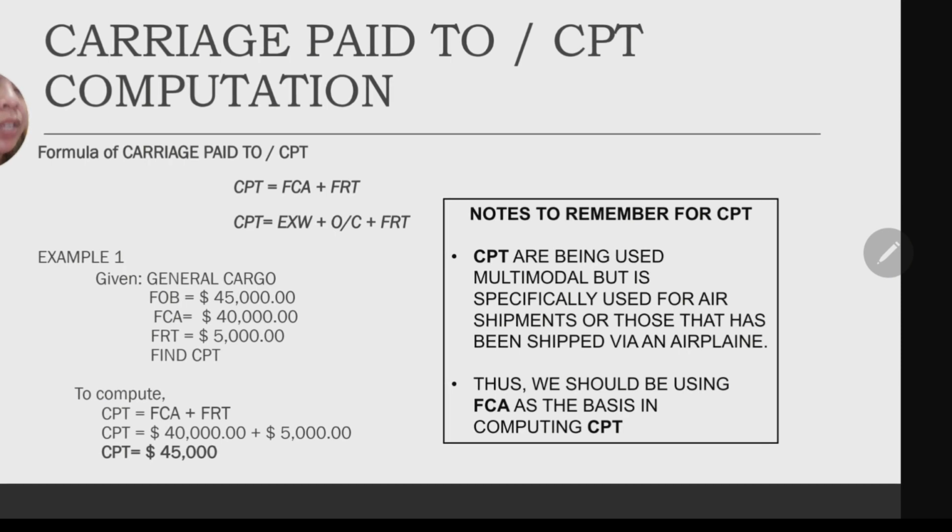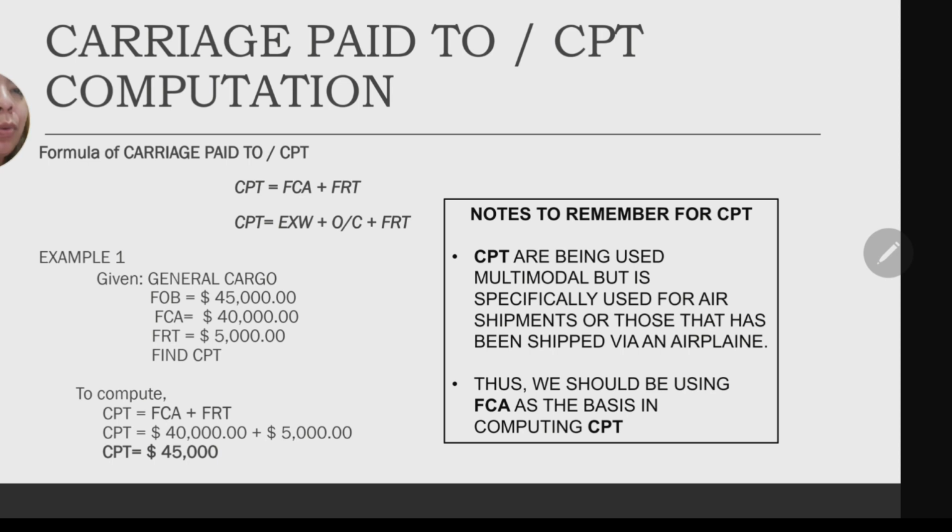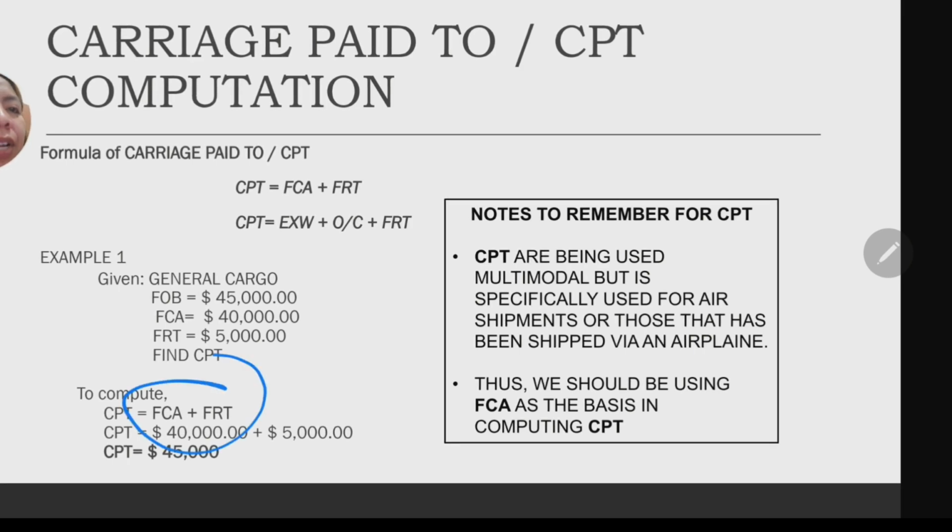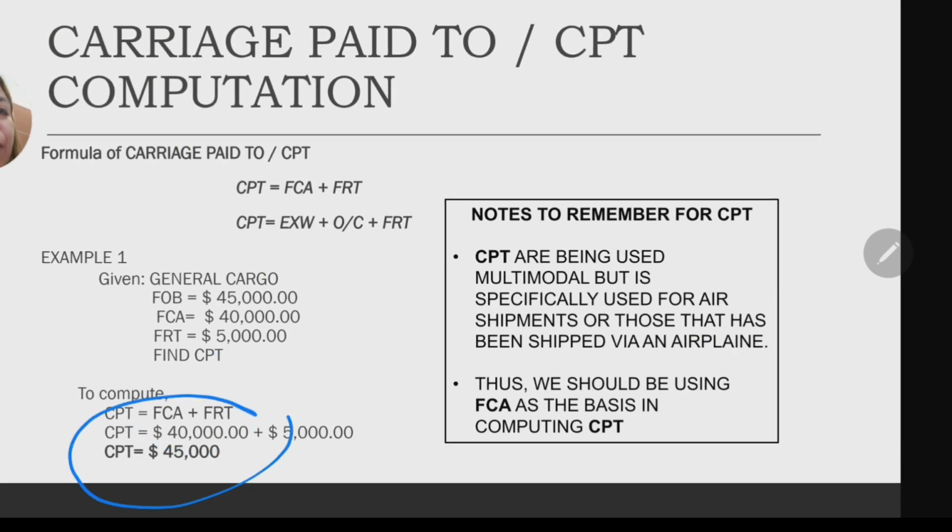As I've said earlier, when we are computing for CPT, we should be basing it on the FCA value. So we select the FCA value, which is 40,000 US dollars, and then add the given freight of 5,000 US dollars, and you'll get your CPT value of 45,000 US dollars.